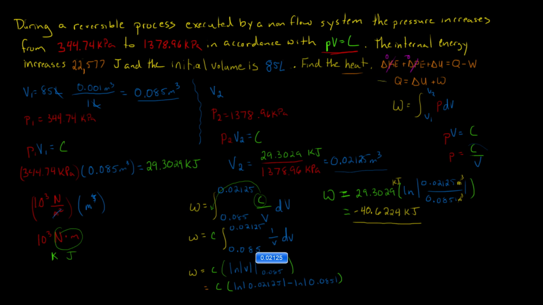We're going to place it into this equation. Here's my delta U, 22,577 joules. So Q is equal to 22.577 kilojoules plus this minus 40.6224 kilojoules, and I get my Q is equal to minus 18.045 kilojoules.